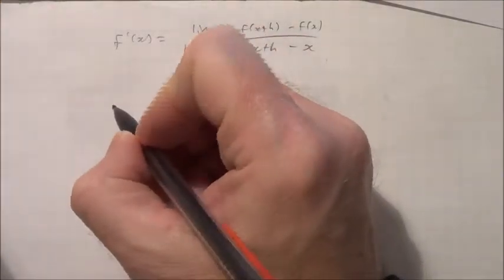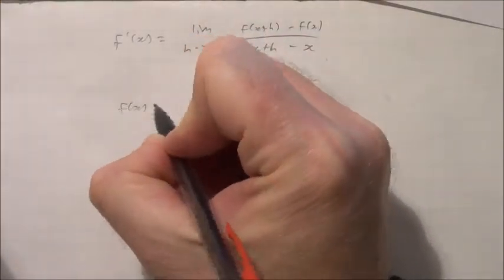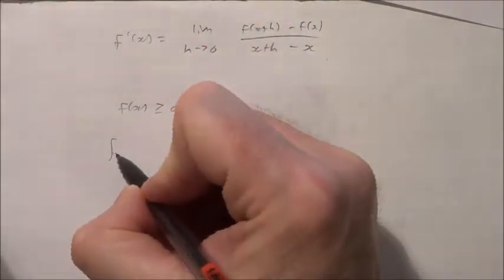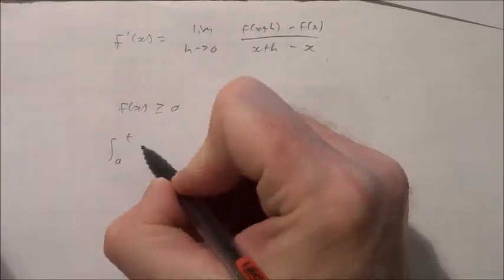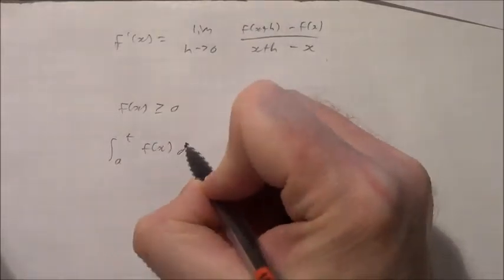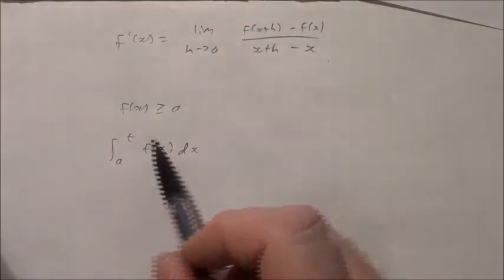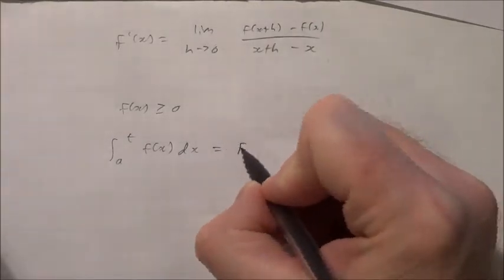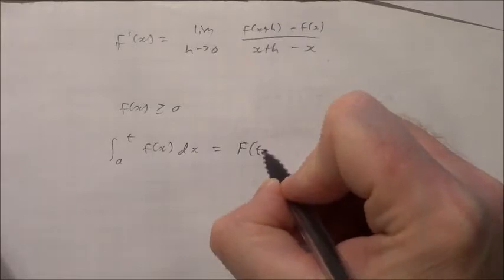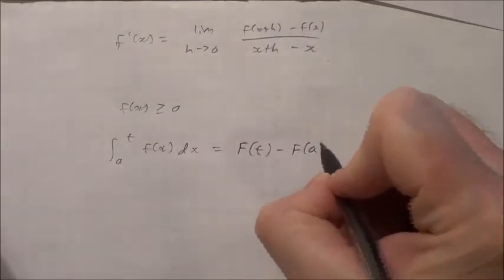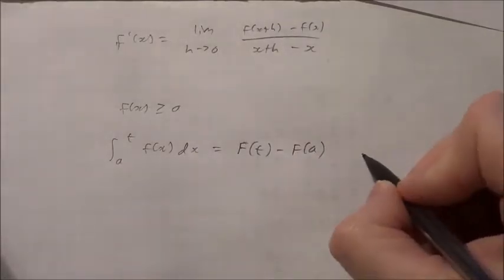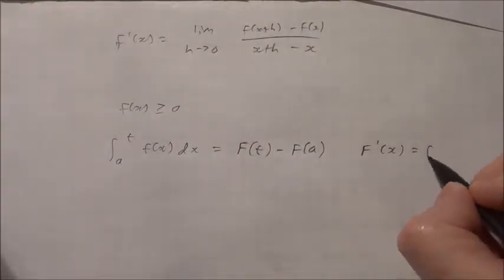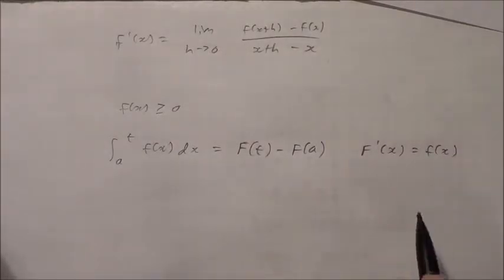So for functions that are positive, so they're above the x-axis, if we're evaluating the area under the curve between a and t, we see that that's actually equal to uppercase F of t minus uppercase F of a, where uppercase F prime of x is actually equal to f of x.